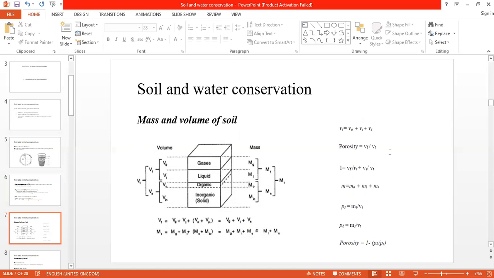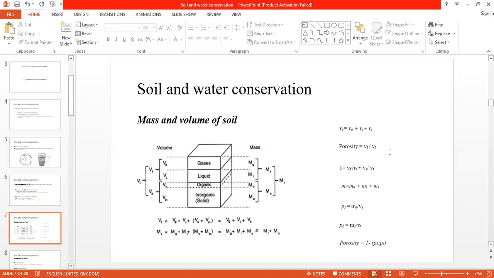We need to say the amount of water in this soil is this much, or the amount of air in this soil is this much. In quantifying them, we can do it in two ways. We can either use volume, or we can use mass, or we can use properties which relate both.